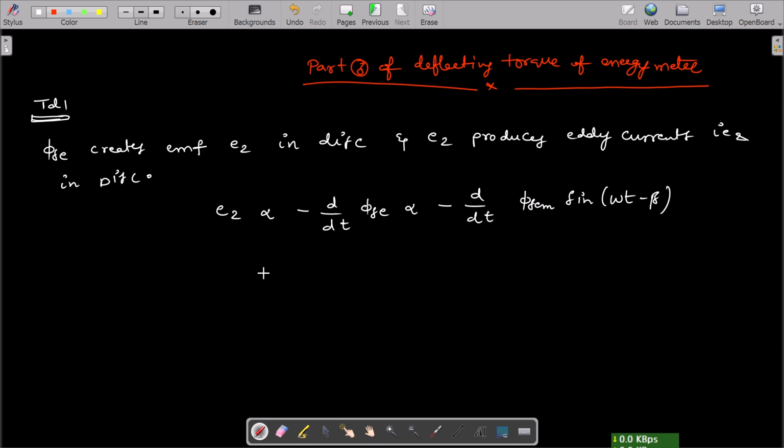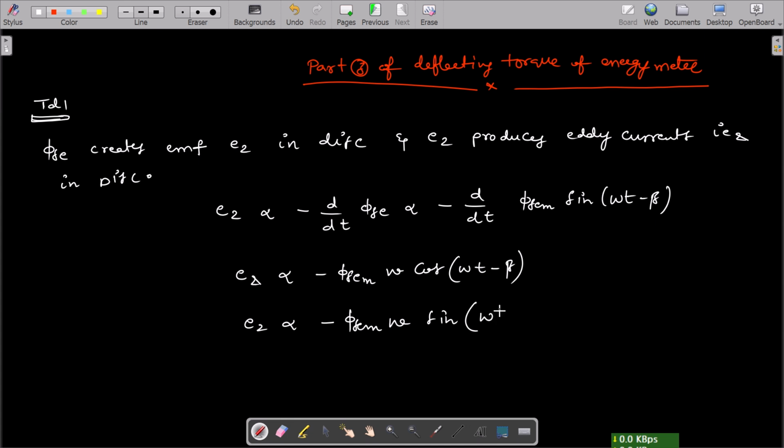Therefore E2 will be directly proportional to minus phi SCM omega cos of omega t minus beta. Converting this cos into sine, E2 is proportional to minus phi SCM omega sine of omega t minus beta minus 90 degrees.